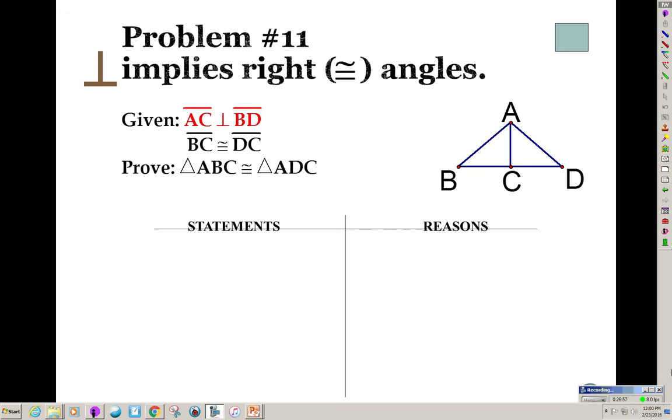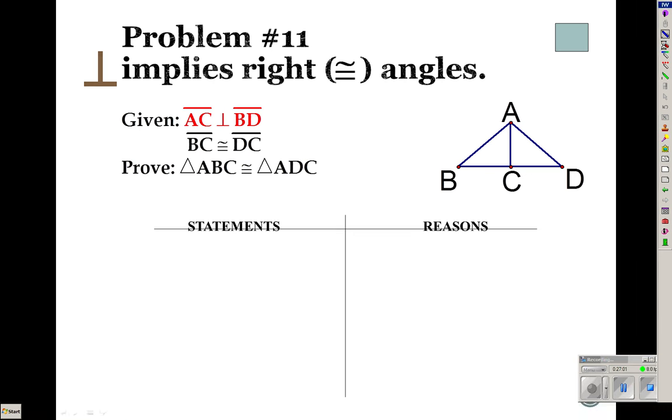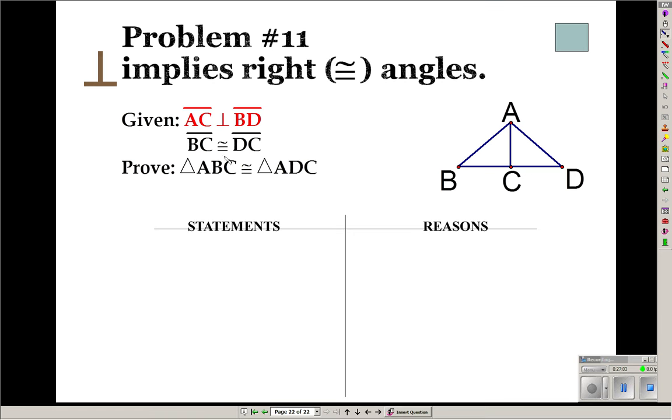In this proof, we're given that segment AC is perpendicular to segment BD, and that segment BC is congruent to segment DC. So we've got perpendiculars forming right angles there, congruent segments there. Prove the triangles are congruent. Well, let's write what we're given here.